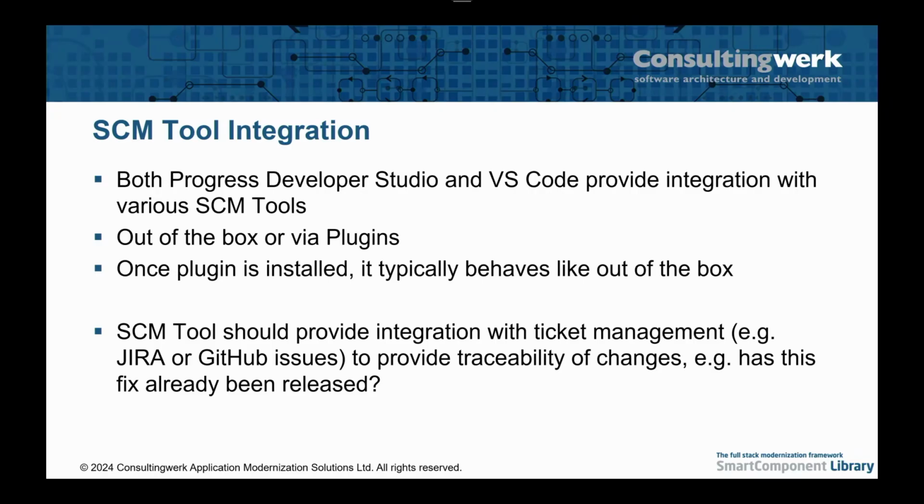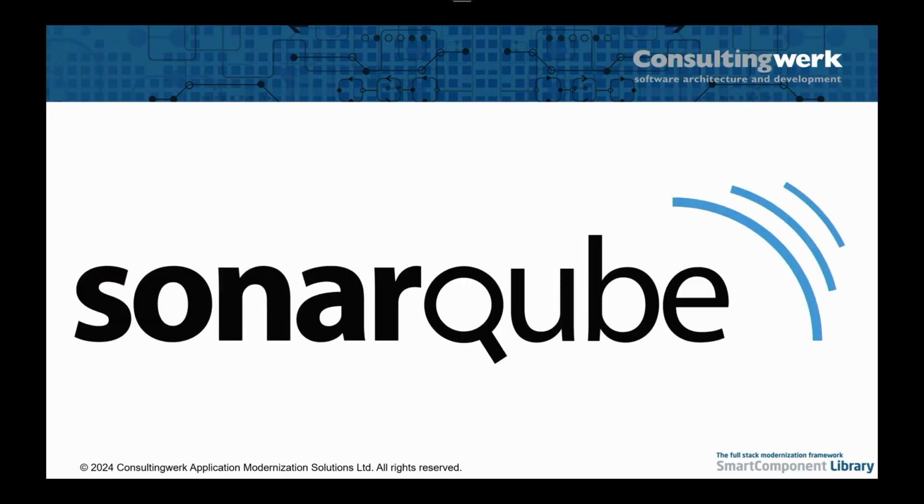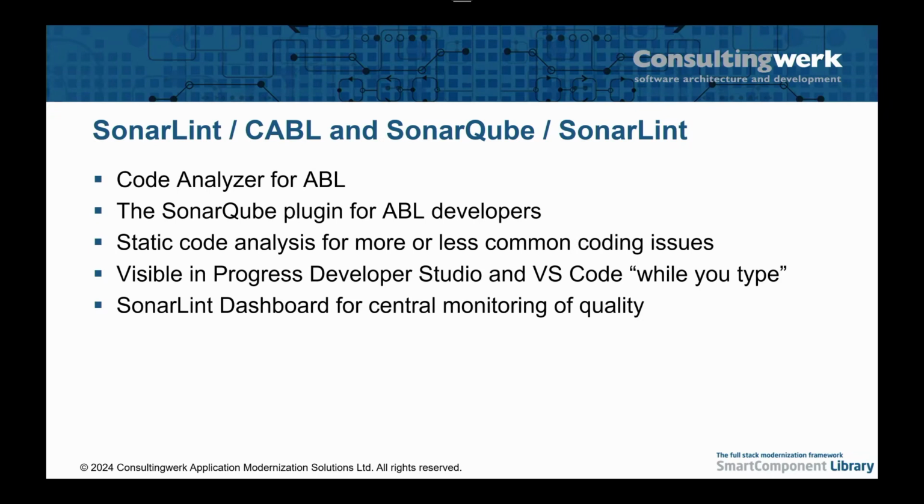So both tools integrate with various of the SCM tools out of the box or via plugins. SonarQube is a code scanner for all kinds of languages: .NET, Java, JavaScript, more legacy languages.